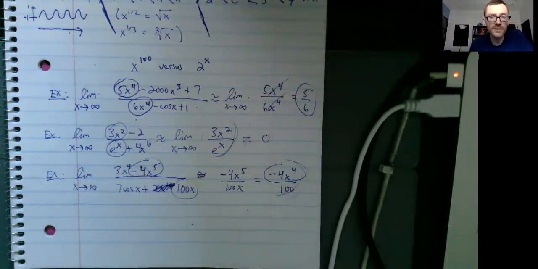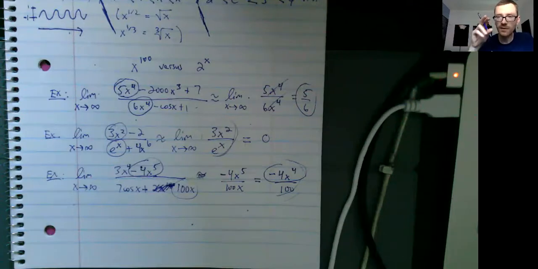So for very large values of x, the numerator is going to be like -1,000,000, and the bottom is going to be 100. So as you imagine x getting bigger and bigger and bigger, the sequence is going to be like -1,000,000 over 100, -1,000,000,000 over 100, -1,000,000,000,000 over 100.